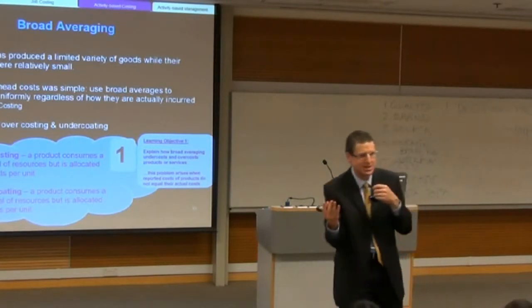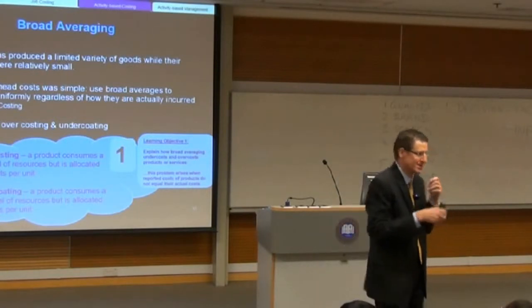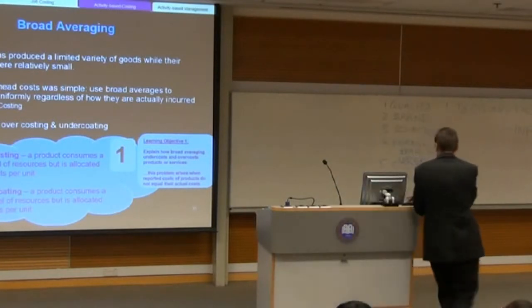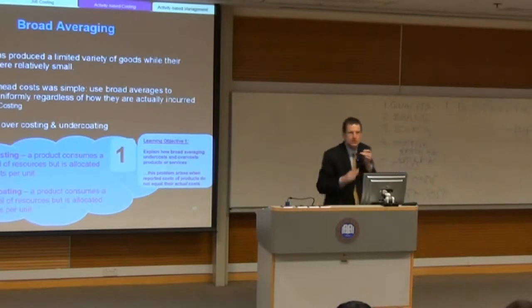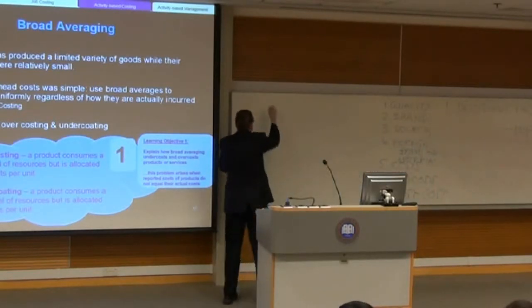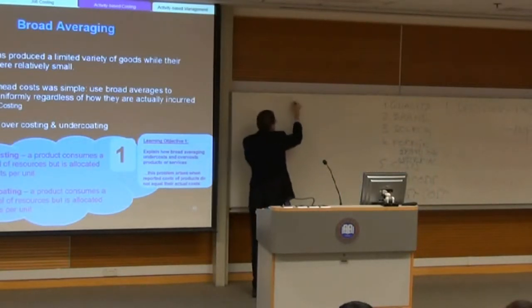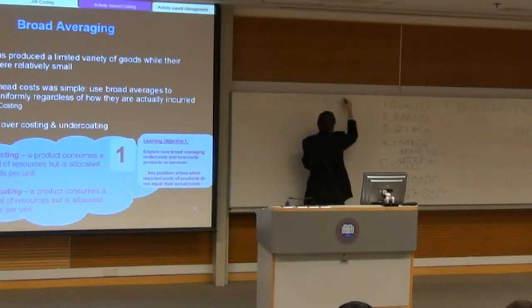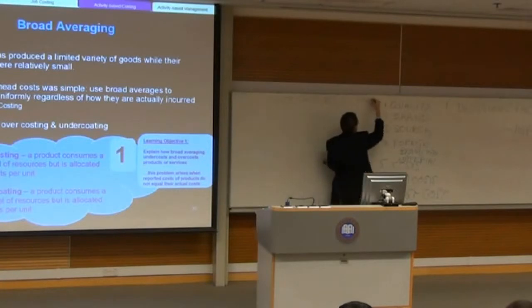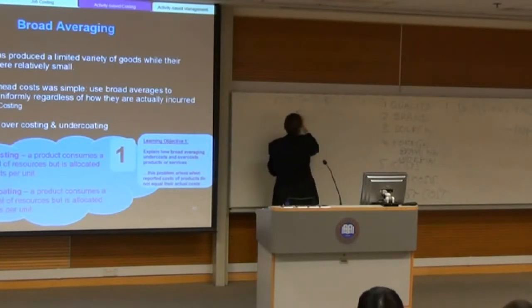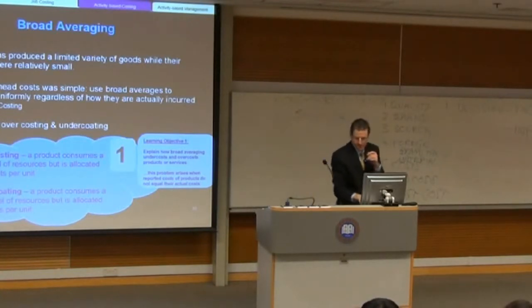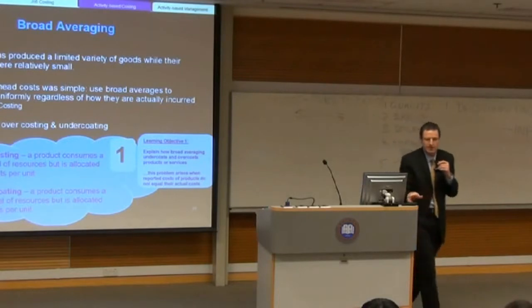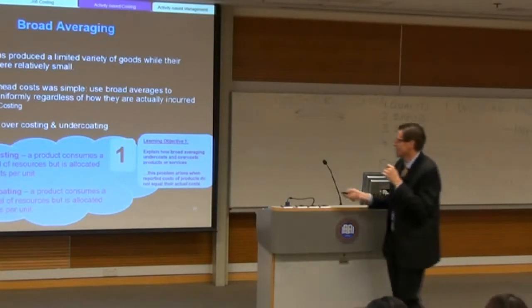So some products are subsidizing other products. Let me give you a very clear term to take away. Are you ready? It's called cross-subsidization. That means when one product subsidizes another product and vice versa. You with me here? Okay, so keep that in mind, take that away, think about that.